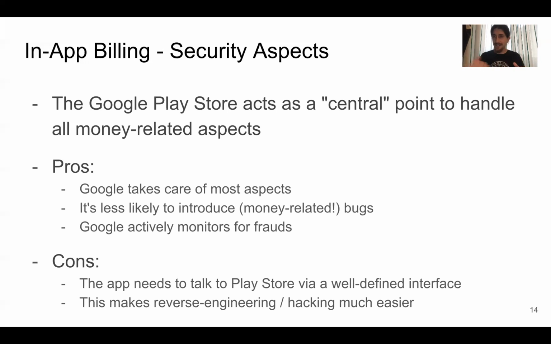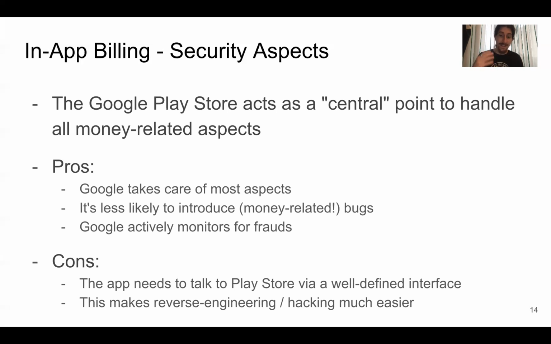Since the interface that needs to be used is always the same, depending on the situation, it may be easy to understand where this check is done. And if you could modify this application, then you may be able to bypass the check. And so you can always return, of course, user paid, and now you don't have advertisement anymore.